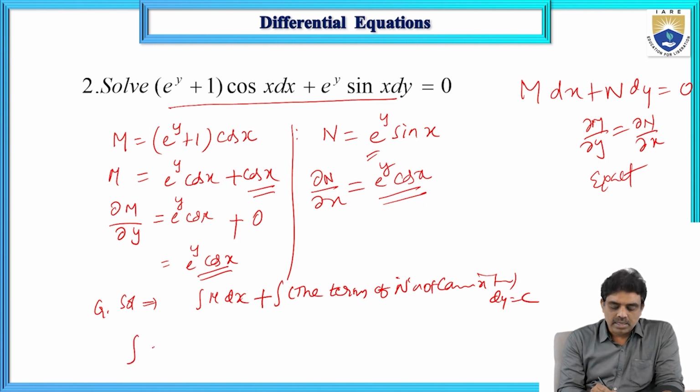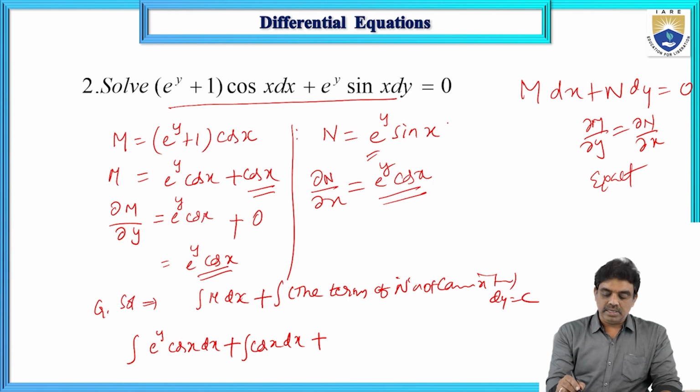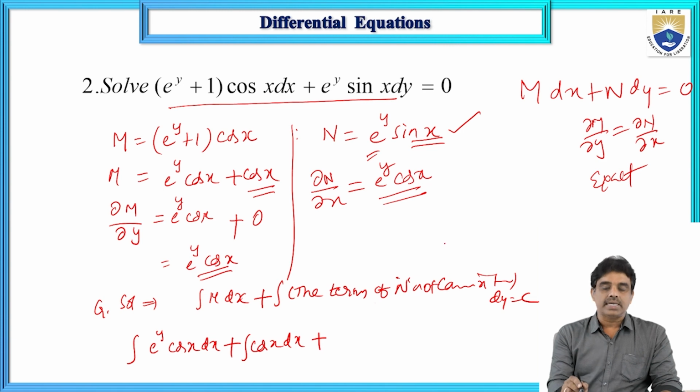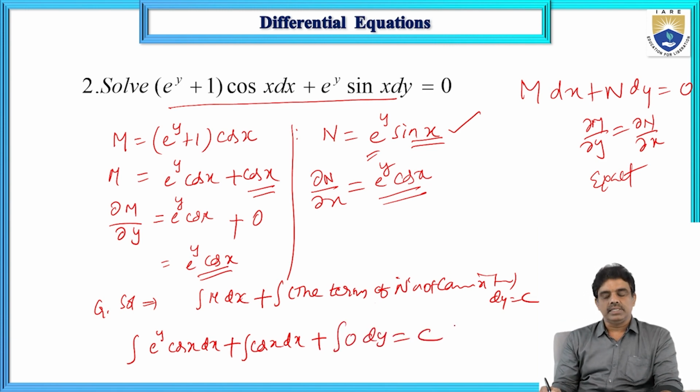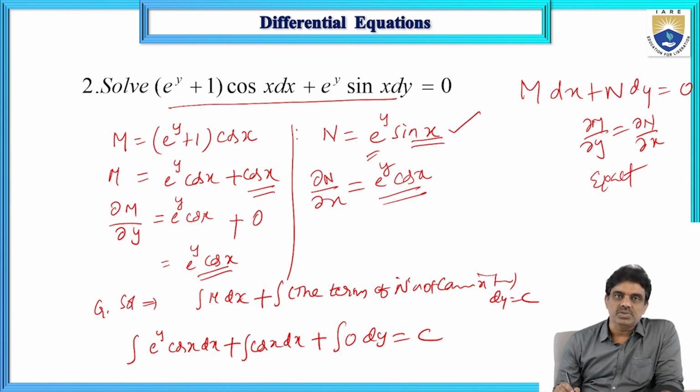The integral of e^y cos x dx for the first term, plus the integral of cos x dx, treating y as constant, plus the terms of N not containing x. In the term N there is an x term also, so there are no terms from the N side, and we should omit it. So the integral of 0 dy is equal to c.